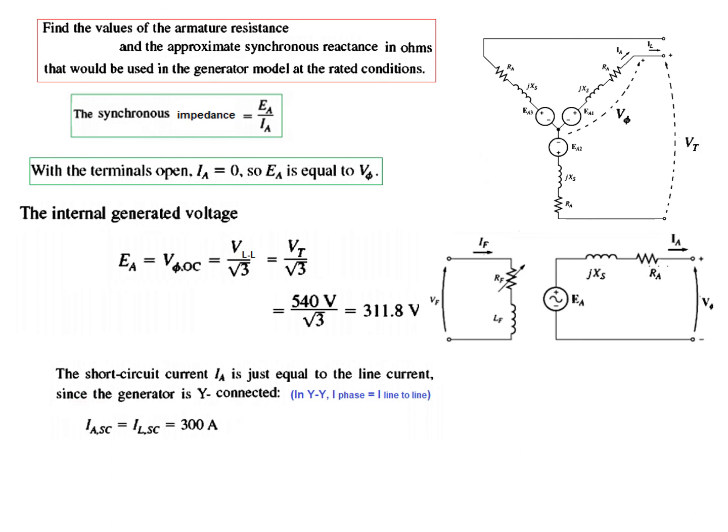Since the generator is Y connected, I phase is equal to I line. So IA short circuit is equal to IL short circuit, and IL short circuit is given in the question to be 300 amperes. So now we have found the voltage and we have found the current, so we can find the impedance.